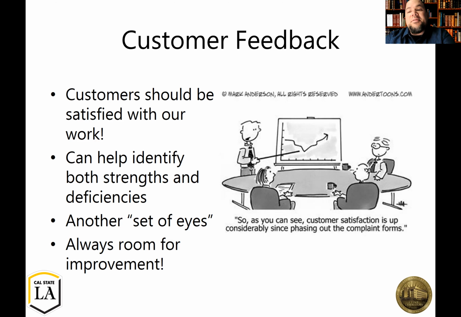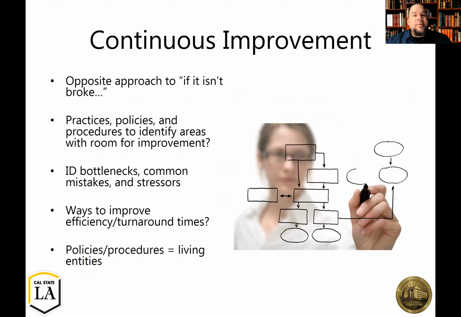Toxicology is backed up for months. It's going to take 60, 90, 90 plus days to get your samples analyzed. And that really affects the efficiency of a medical examiner's office. So those are your customers. It's those families waiting for those death certificates.